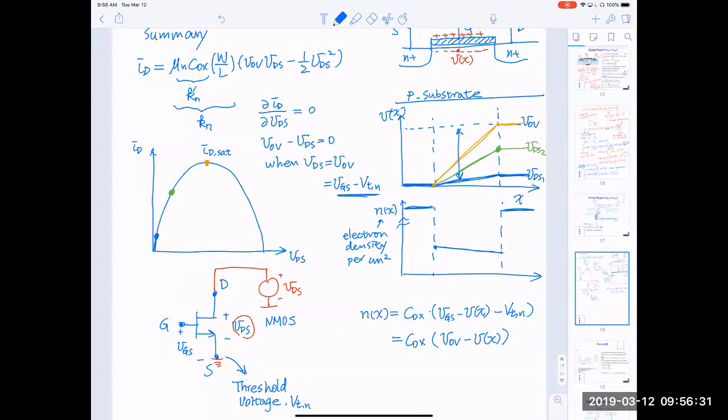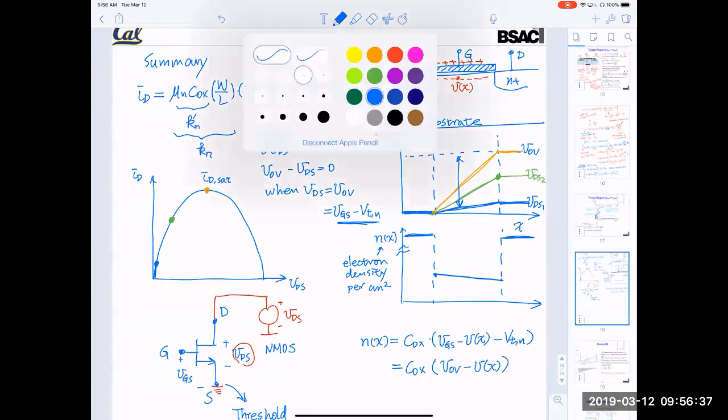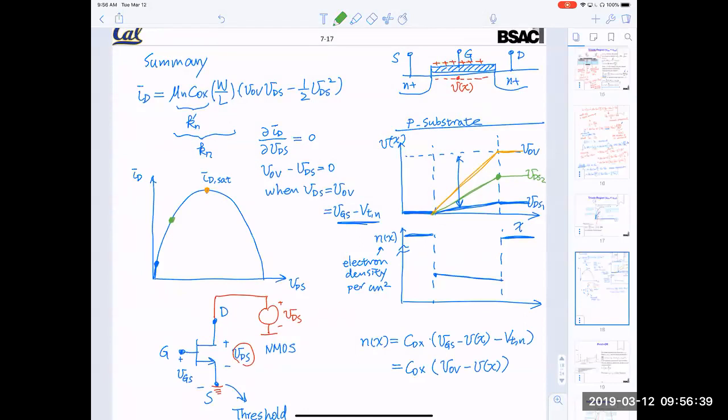So we have basically a curve like this, right? And let's move to the green curve. When we raise the VDS, the difference between overdrive voltage and VDS diminishes towards the drain. On the source side, it's the same. So we'll have a curve something like this.